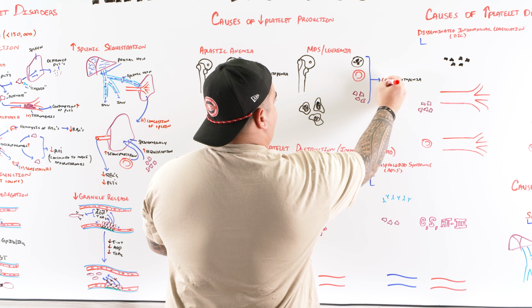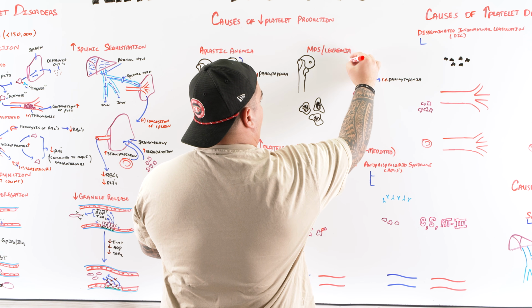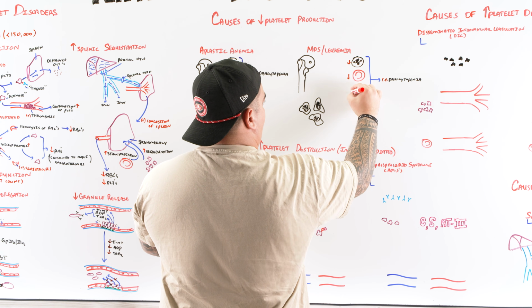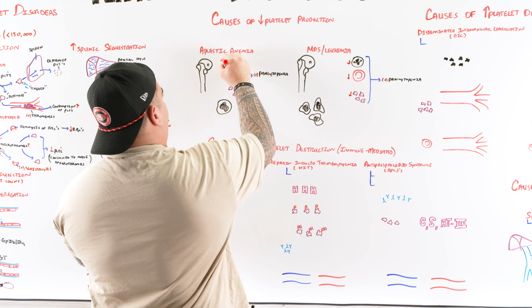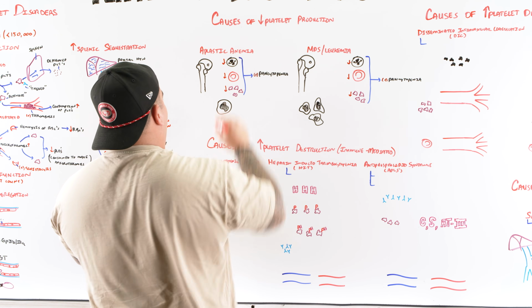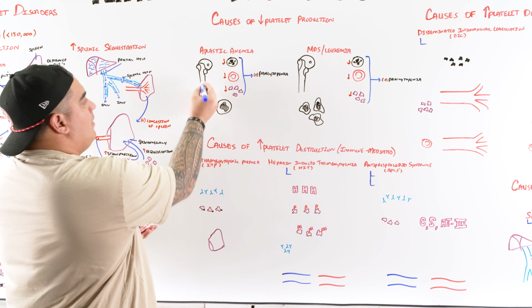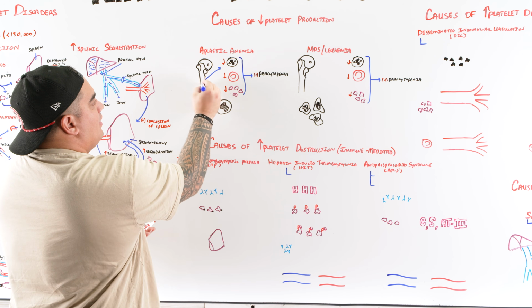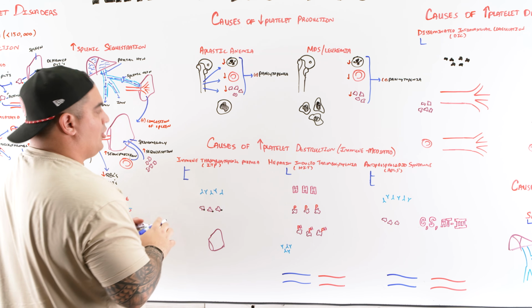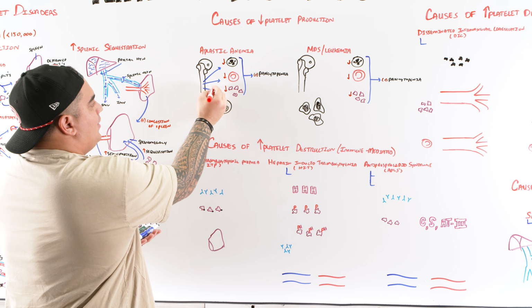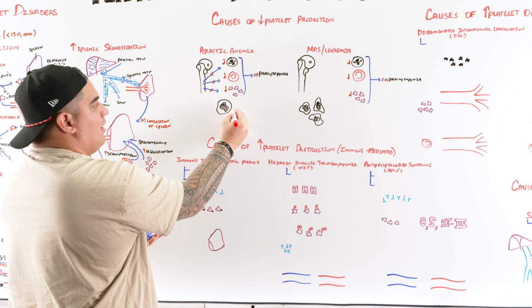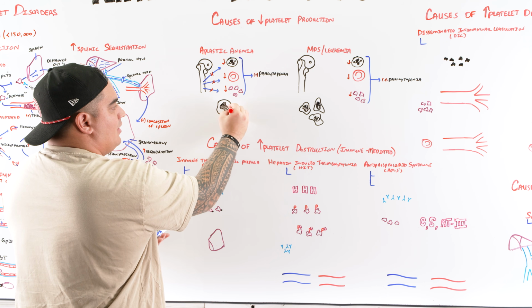And again, remind yourself that this is when there is a decrease in your white cells, red cells, and platelets. What's the reason this is happening? One is because the bone marrow is failing to produce. This could be because of some type of stem cell destruction.